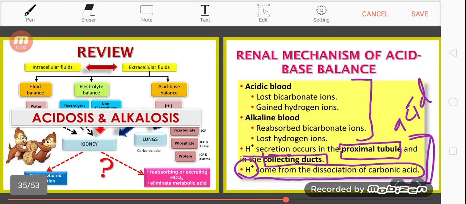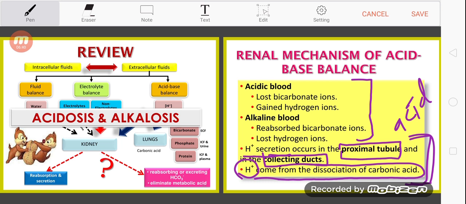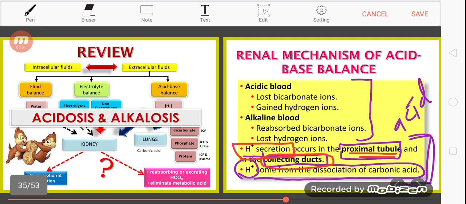Continue. Remember, refresh that in acidic condition, the H plus secretion occurs in the proximal tubule. We already see that. Now we will look into how H plus secretion occurs in the collecting duct.